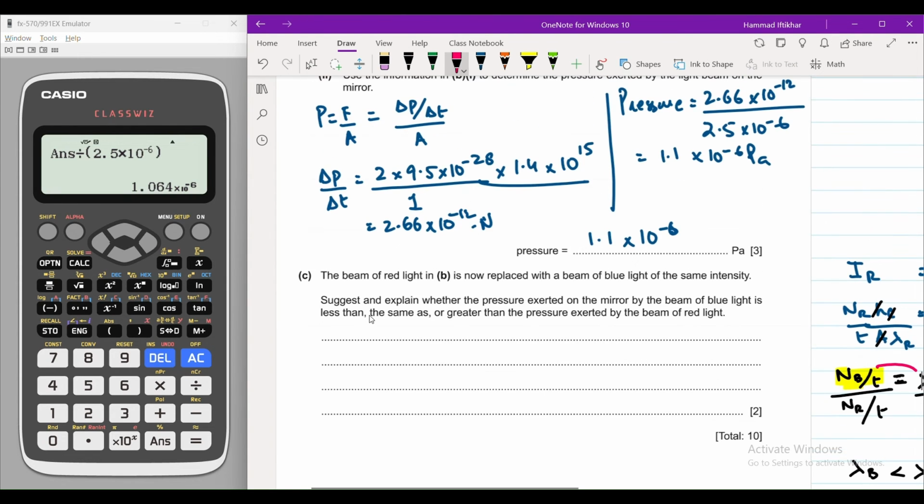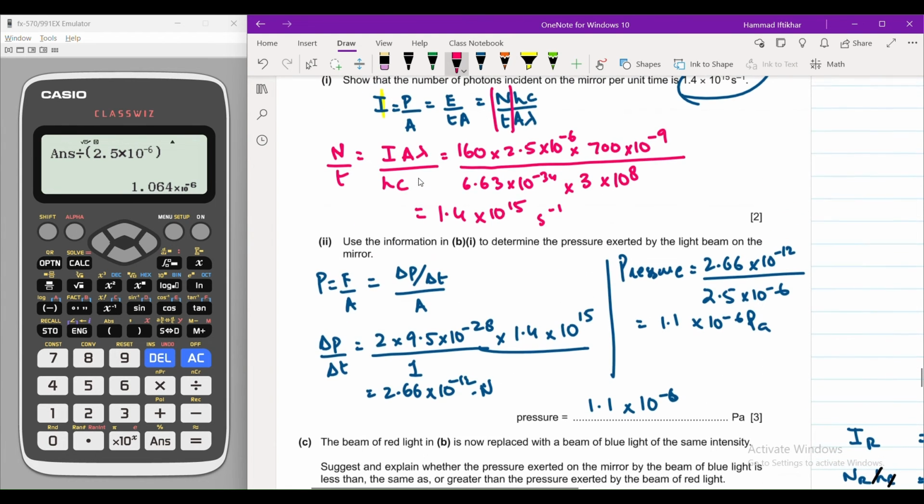So if they have the same intensity, this means that their... What will it affect?